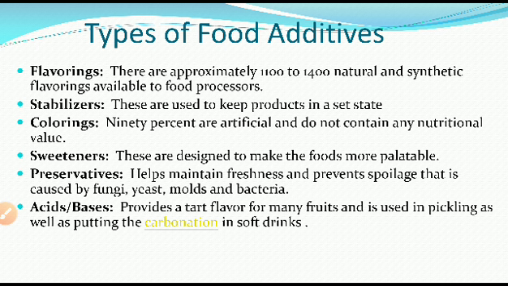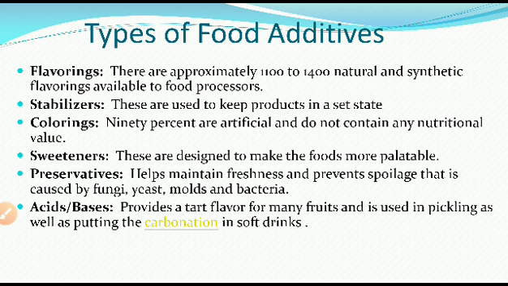Next, the types of food additives. There are different types. Flavoring: about 1100 to 1400 natural and synthetic flavoring compounds exist. Stabilizer is used to keep the product in a set state.